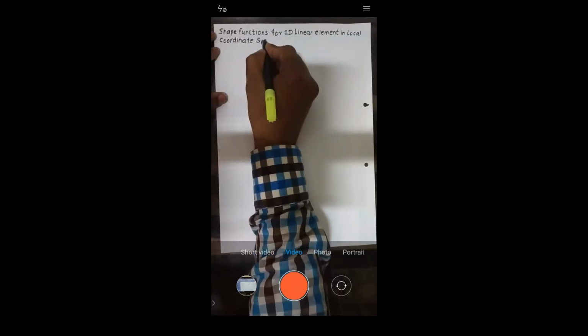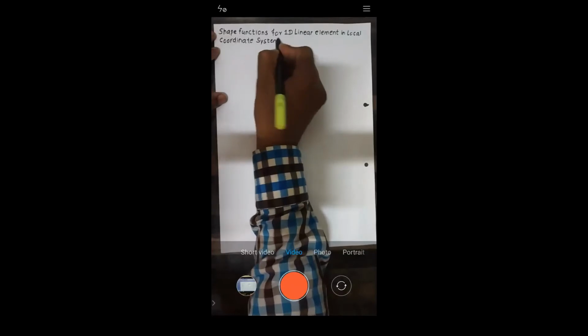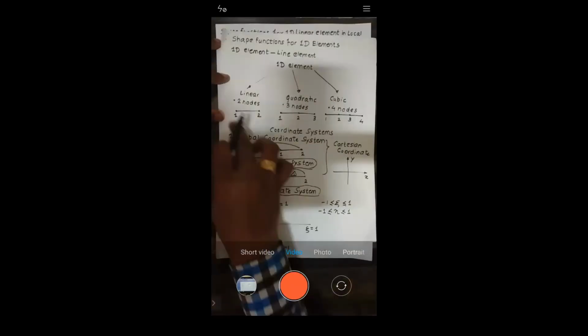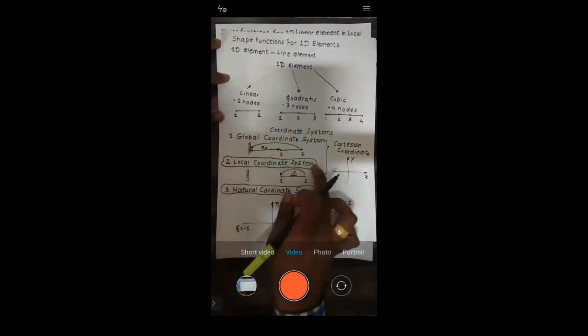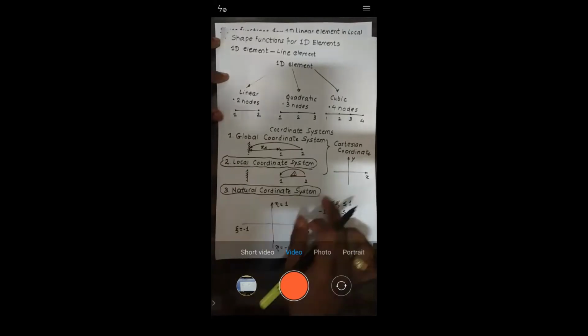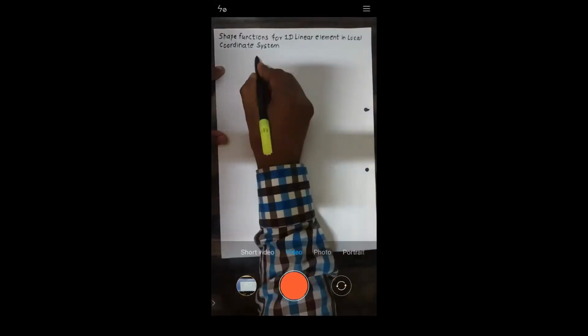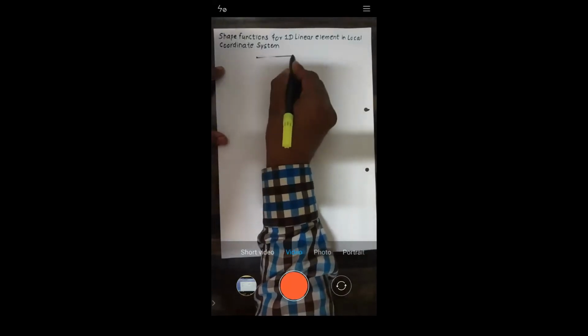Have you understood? We will now derive the shape function for this linear element. In the linear element, we will initially derive it in local, and after that we will derive it in natural coordinates. So let's do that. What is the local element? This 1D element, a line element.